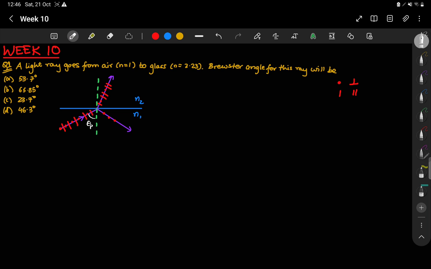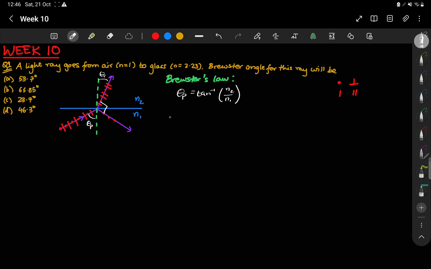And also, the angle between the reflected and the refracted rays is 90 degrees. So Brewster's law states that this angle theta p at which this interesting phenomenon happens is tan inverse of N2 over N1.